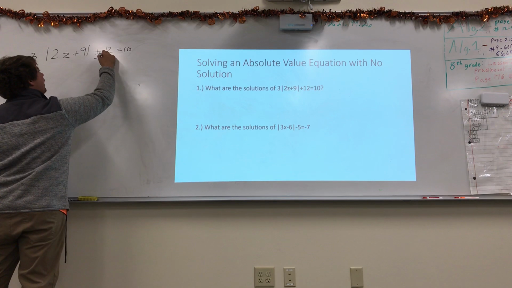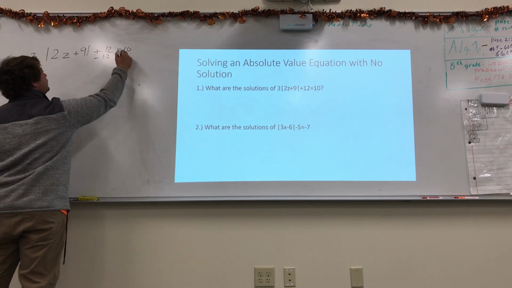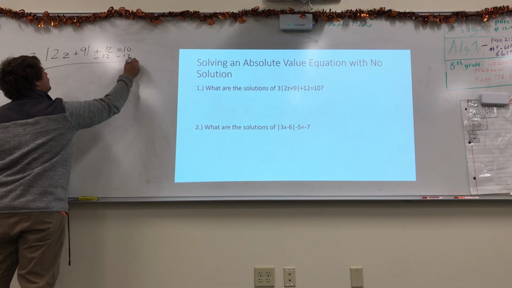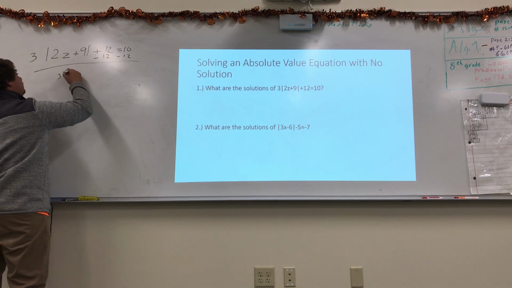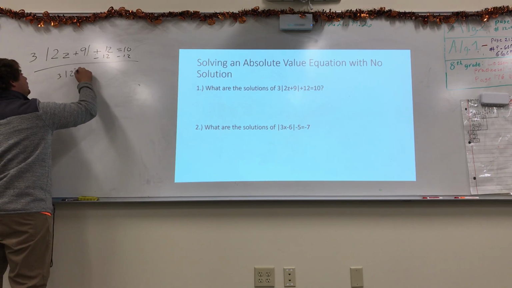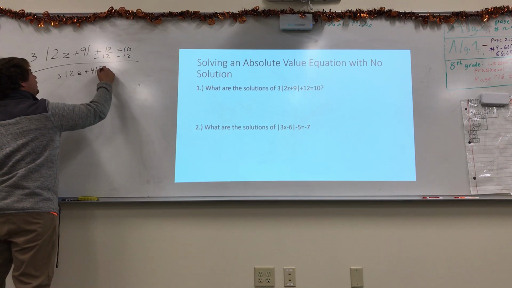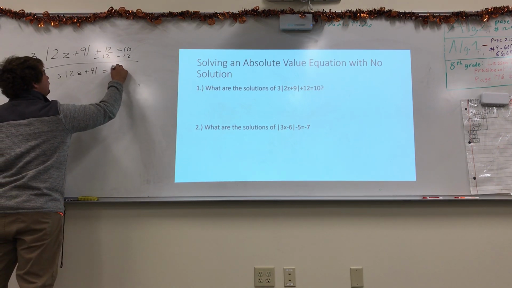So I'm first going to subtract 12 from both sides. Okay, I'm going to get 3 times the absolute value of 2z plus 9 equals negative 2.